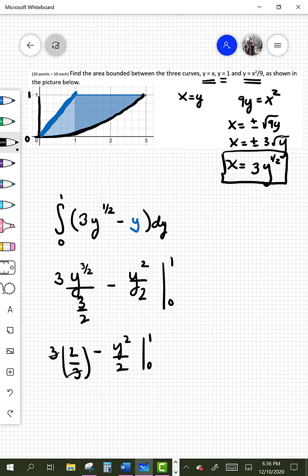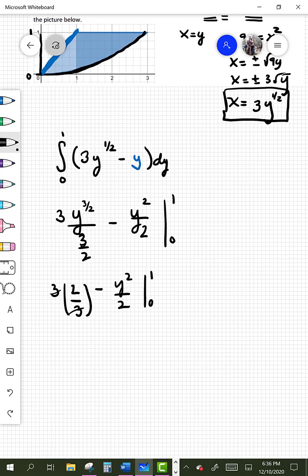Notice our 3's cancel. Now let's go in and plug in 1 wherever we see a y. So we're left with 2 minus 1 squared all over 2, minus, oops, and I lost my y, didn't I? 1 to the 3/2 here. And 1 to the 3/2 is 1.